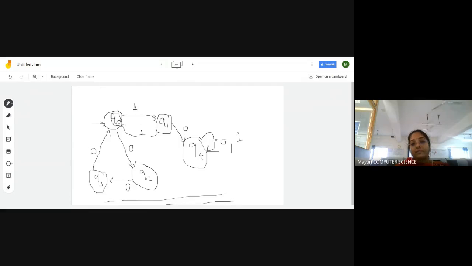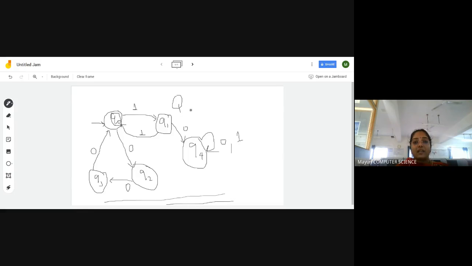Fine? Yes, ma'am. Okay. And when you're answering the IA test 1 question paper, I require all the tuples to be satisfied. If a question asks to construct a DFSM, don't simply draw the transition diagram and leave. So 5 tuples are there. Q, what is the Q?